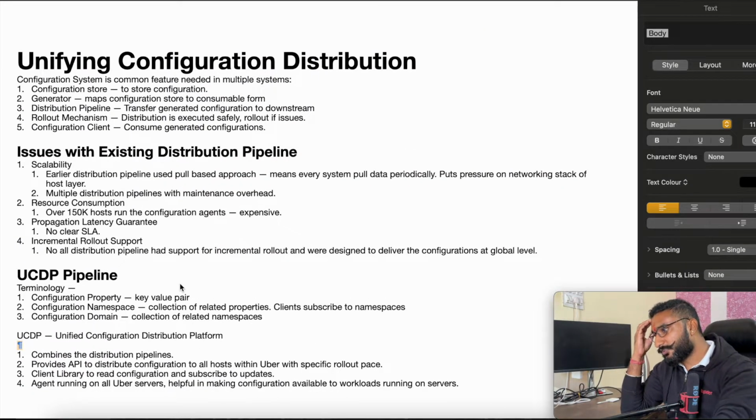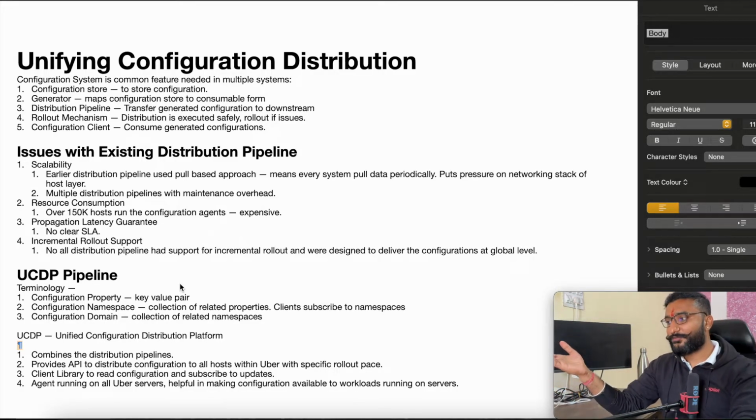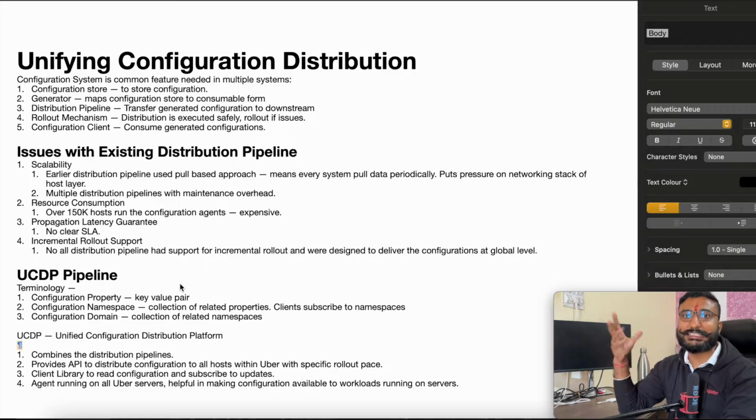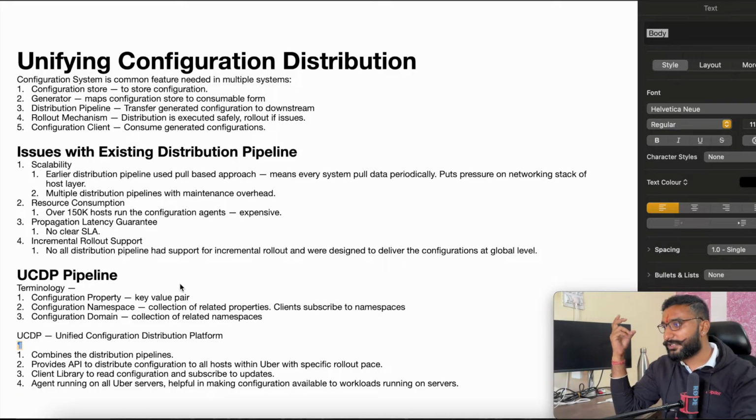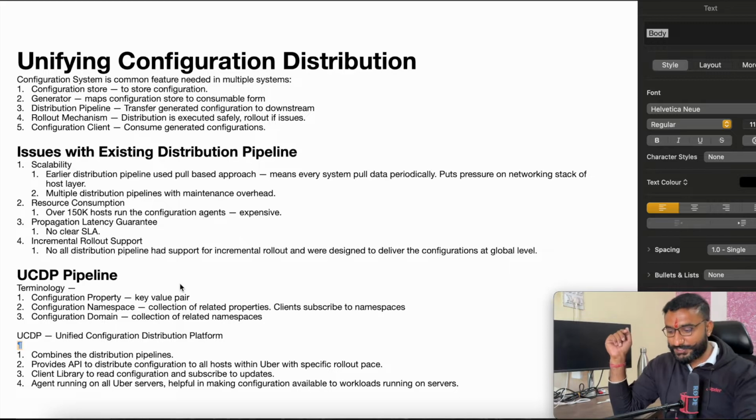What are the things that you need in a configuration system? First is the configuration store, where you are storing those configurations. Very easy. Then the generator, which is responsible for creating those configurations in a consumable form.